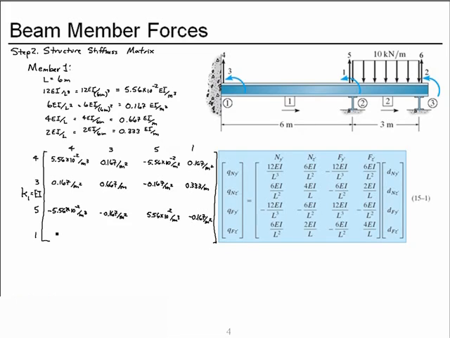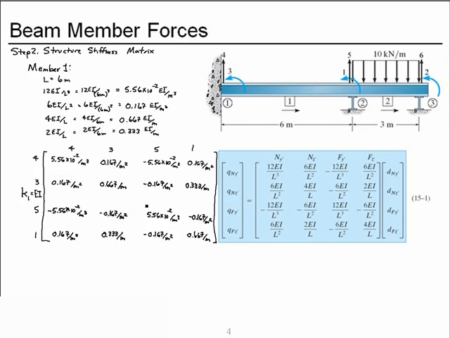Then the 6 EI over L squared, 0.167, 2 EI over L, a minus 6 EI over L squared, and 4 EI over L, 0.667 per meter.